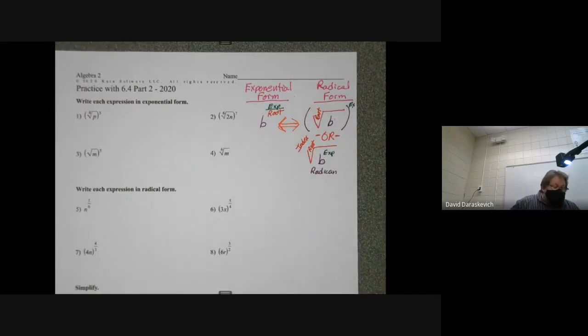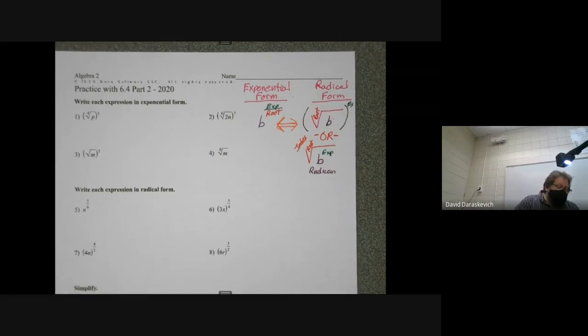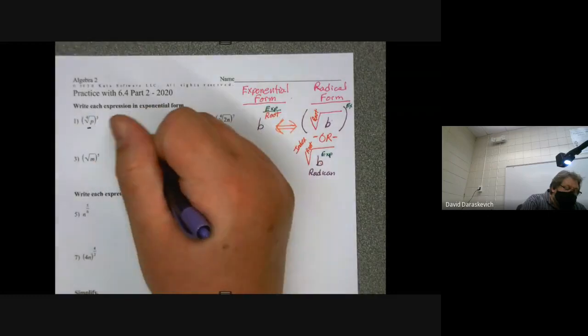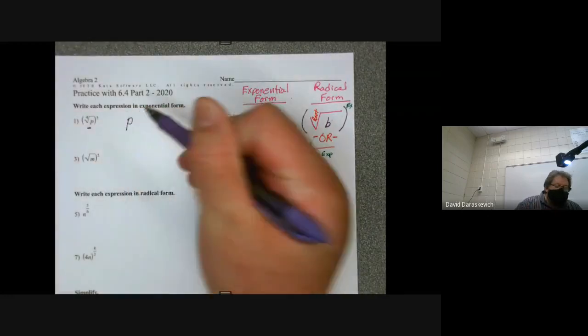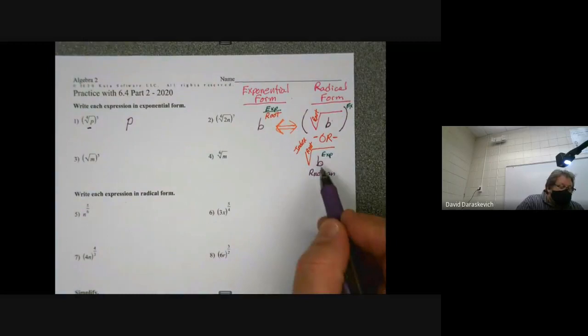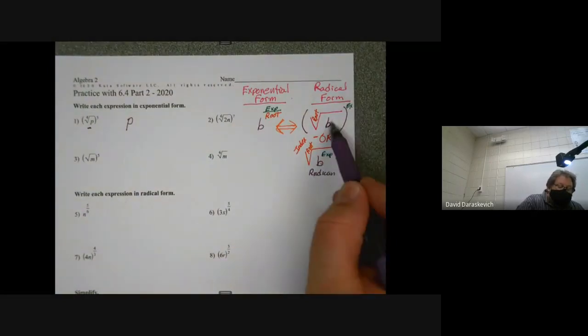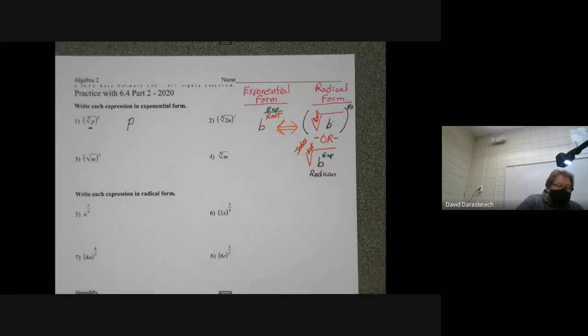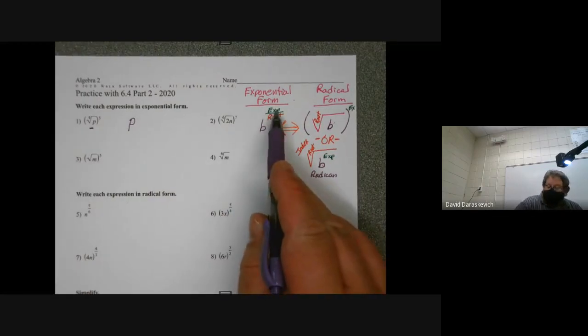All right, so number one, it says I have it in radical form to put it in exponential form. So the base, I'm probably still going to use base, root, and exponent. So my base is P, and my exponent, well, they're using this form. My exponent's out here, and in exponential form, it's the top of the fraction.